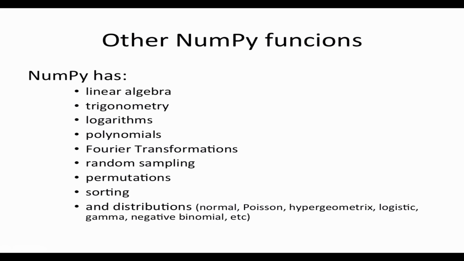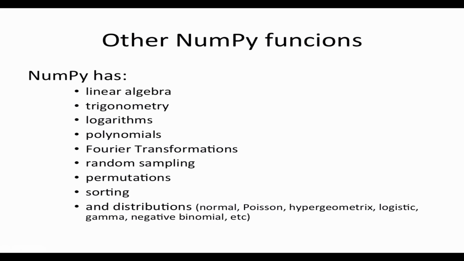NumPy has a bunch more advanced mathematical stuff: linear algebra, trigonometry, logarithms, permutations. It also has some built-in distributions that you're going to start using in a couple weeks. The normal distribution, the Poisson distribution, etc. So you'll be using this a lot.